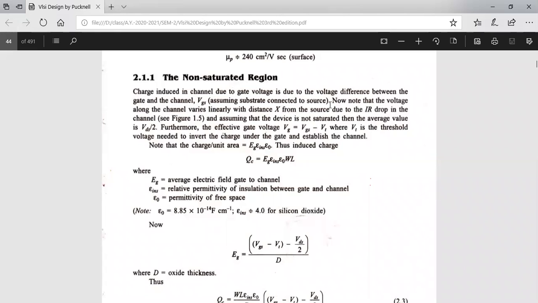Now note that the voltage along the channel varies linearly with distance x from the source due to the IR drop in the channel.